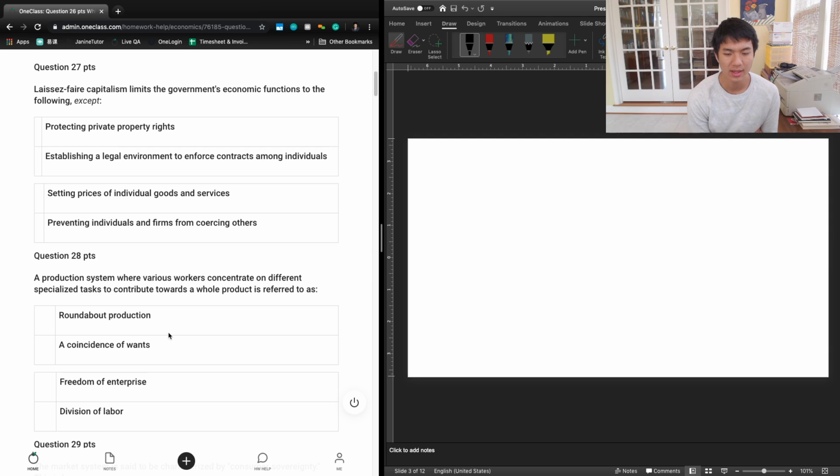It just provides the basis for proper economic or capitalist function, right? And so two of those bases are protecting private property rights and also establishing a fair legal environment for contract enforcement. Those are both elements that are required of the government to operate in an effective laissez-faire system, right? And so it's not going to be A or B. Number C says setting prices of individual goods and services.